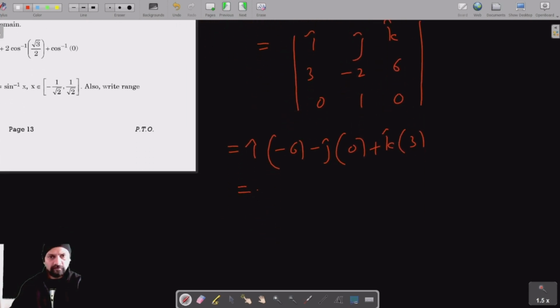So this is equal to minus 6i cap, this is 0, plus 3k cap.